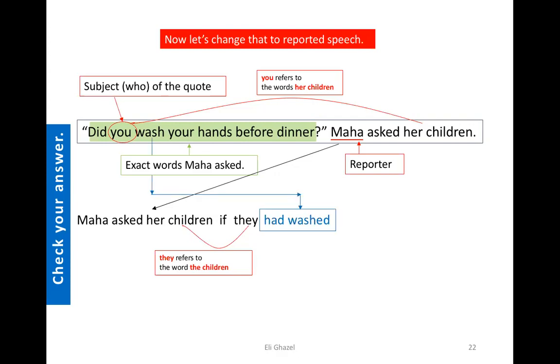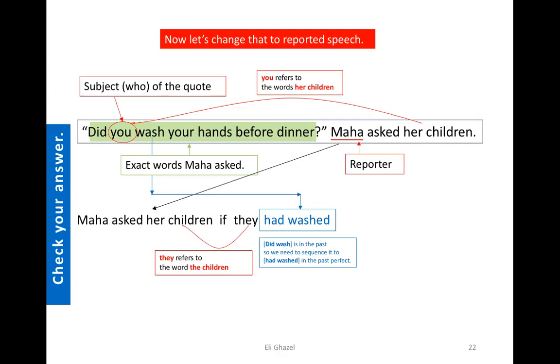Now notice what happened to washed. Since did wash is in the past, it has to move one step back to the past perfect. So in the sequence of time, present moves to past and past moves to past perfect. Did wash is in the past, so we just explained that.